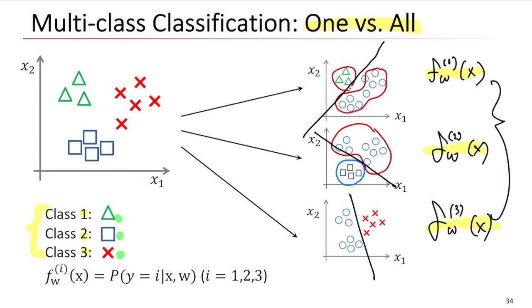If you remember the previous slide, the output of this mapping function is the probability, right?